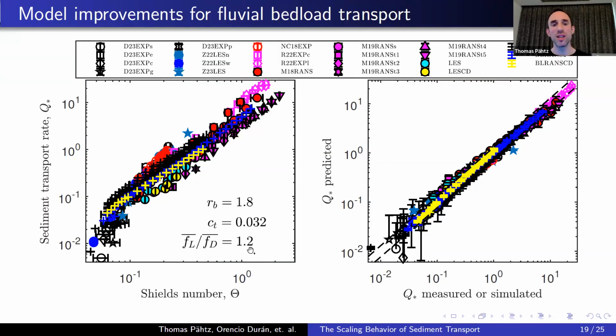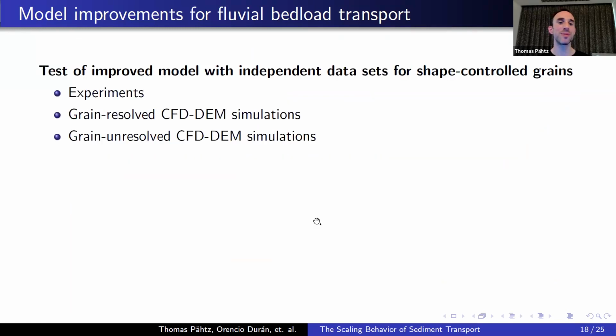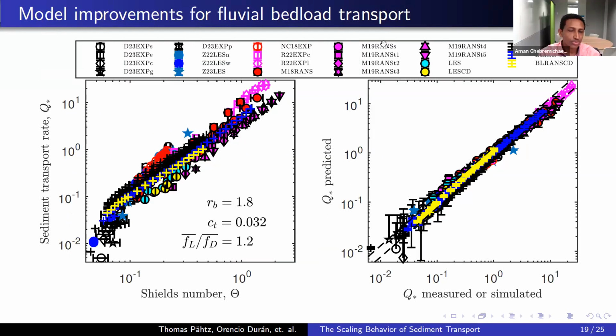We don't really know, but what we know from measurements for a large range of conditions, Chepil 1961, 58, is that those lift to drag ratios are typically close to unity. And for the whole model, we don't need to know the exact behavior of the lift or the exact behavior of the drag. What we need for this is the ratio of mean lift and mean drag. Okay. Does this answer your question?